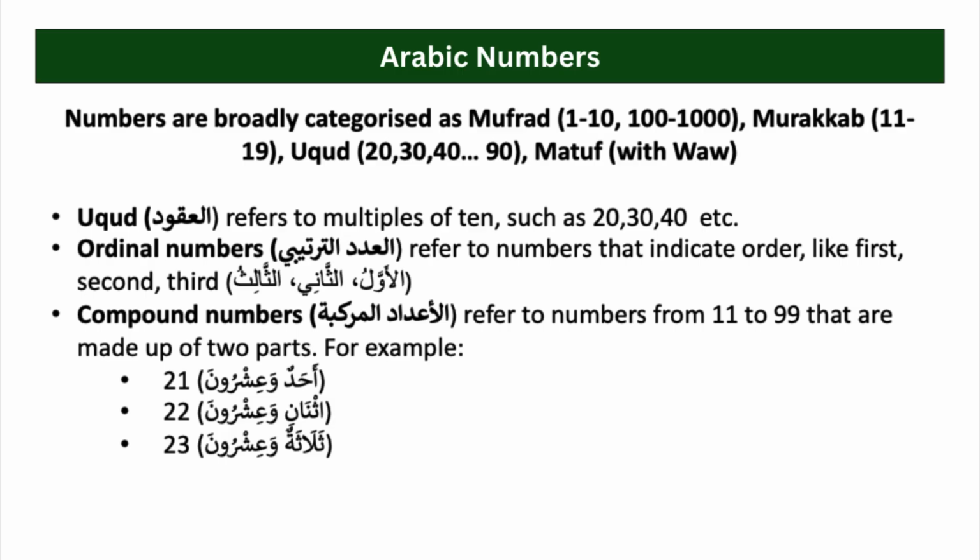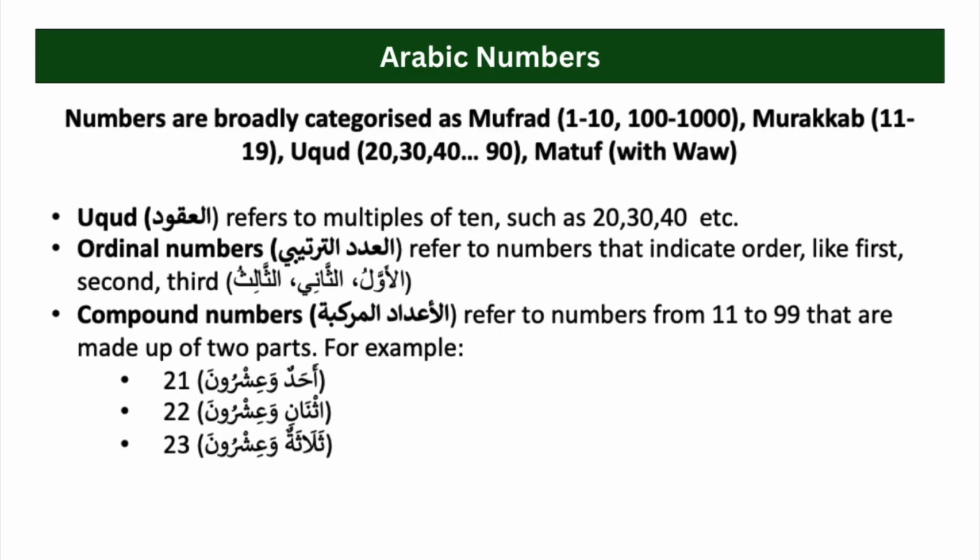And then the slide gives examples. Ahadun wa ishrun, 21. Ithnani wa ishrun, 22. Thalathatun wa ishrun, 23. These examples are preparing students for the next slide, where the numbers beyond 20 will be taught more fully.